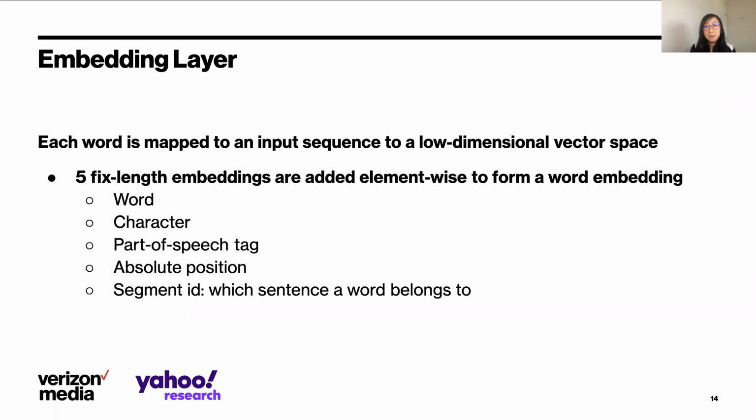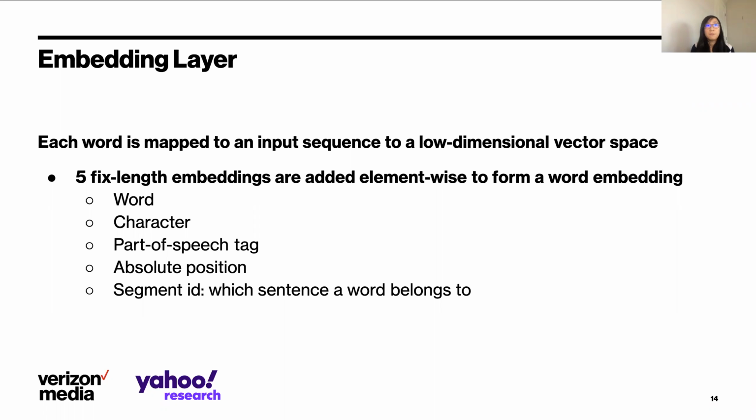As we said, the input word will first be converted into an embedding using the embedding layer. Here we consider 5 components for building an embedding for a given word. The default one is the word representation. Then we use a one-dimensional CNN to build a character-level embedding for each word. We also have a part of speech tag embedding, and an absolute position embedding, which is basically which position a word appears in the input document.